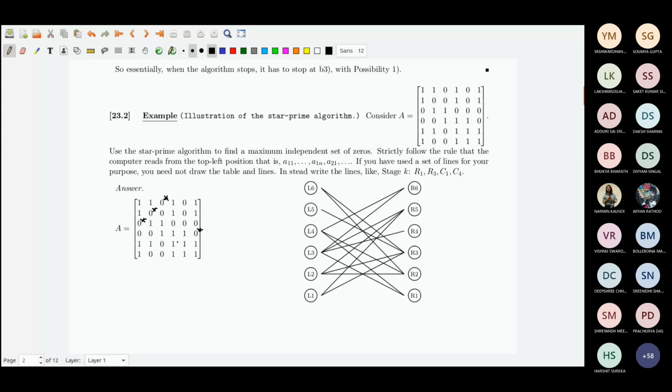And then you cannot get anything. Once you give a star, you cannot give any stars in that row or column. Okay. Now the moment you have given a star, what you do is cover them by columns. That's what I did earlier. So cover them by columns.